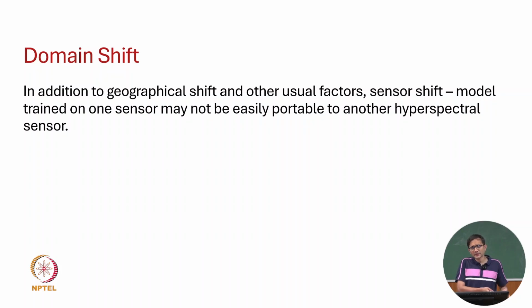Let's say we have trained on a dataset from Munich and then we are trying to apply it on Delhi, or trained on a particular season, summer, and then we are trying to apply it in winter, right? But in the case of hyperspectral sensors, there is also a very strong shift between the different sensors, depending on which particular sensor you are working with. Sometimes you're working with 220 bands, sometimes you're working with, let's say, 150 bands. The difference is quite strong. Okay.